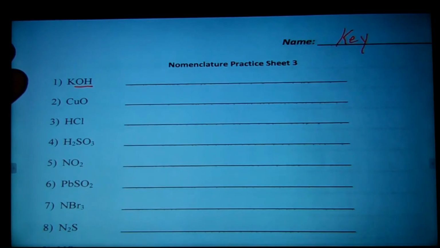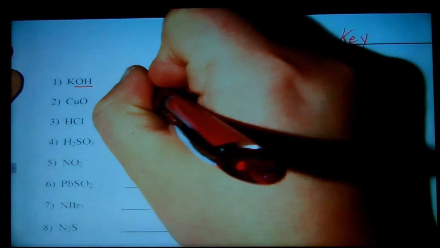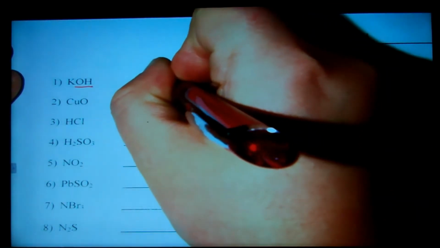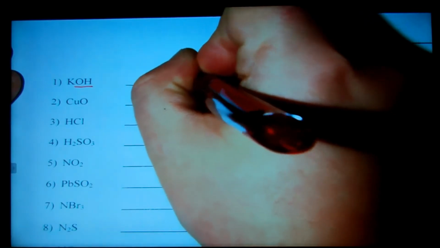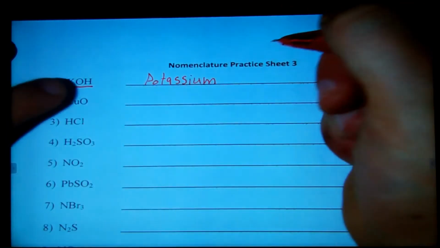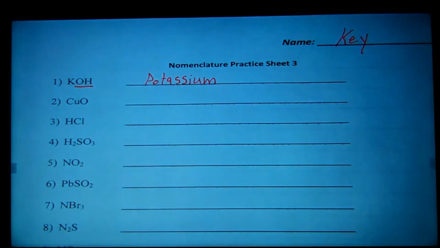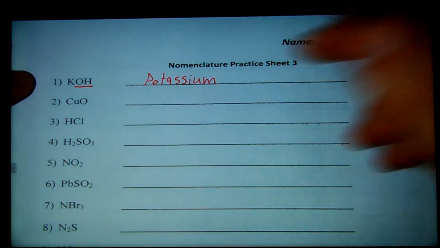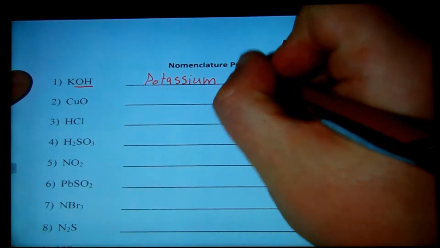Therefore, we will name it based off of monatomic ion rules. So we have K, which is potassium. OH, okay, this is not an anion, so we're not going to name it by an anion rule. We're going to name it based off the polyatomic it is, so hydroxide.